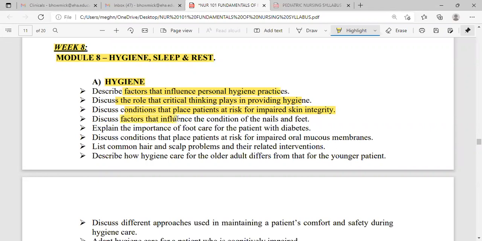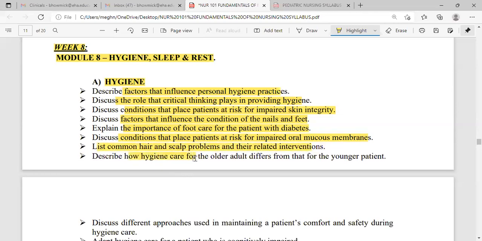Discuss the factors that influence the condition of the nails and feet. Explain the importance of foot care for the patient with diabetes. Discuss the conditions that place the patient at risk for impaired oral mucous membrane. Also list common hair and scalp problems and related interventions.